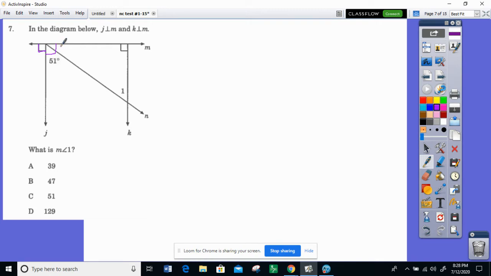I'm going to number this angle 2. Well, the measure of angle 2 plus 51 degrees is 90 degrees. Those are complementary angles. And if we subtract 51 degrees on both sides, then that tells us that the measure of angle 2 is 39 degrees.